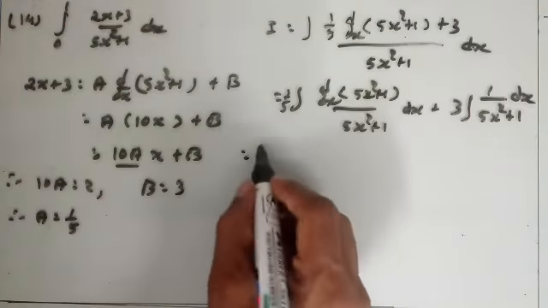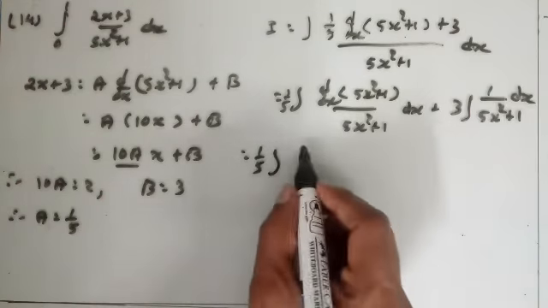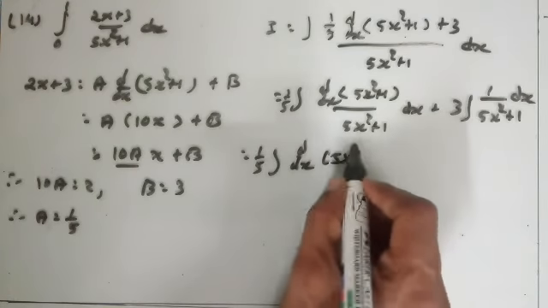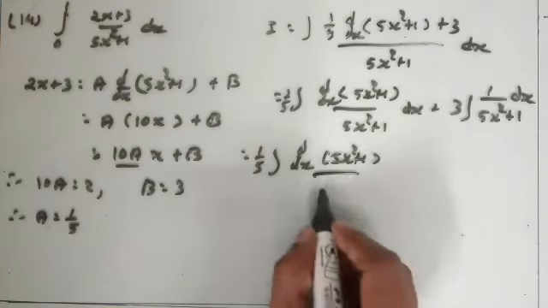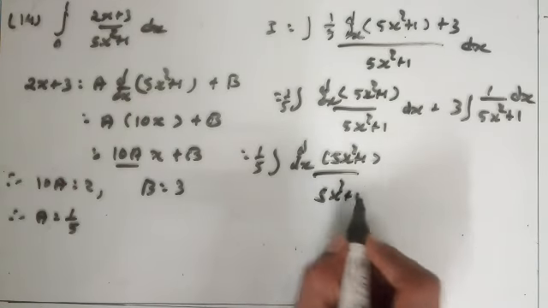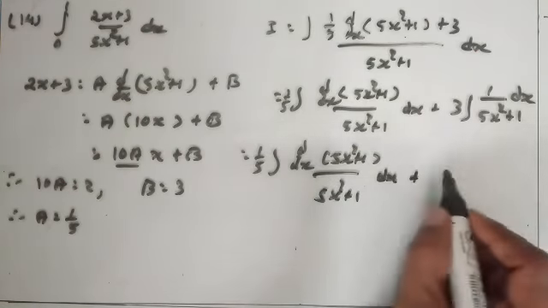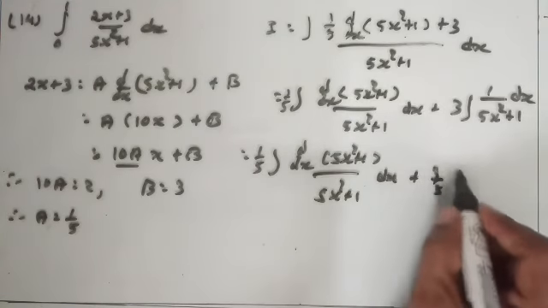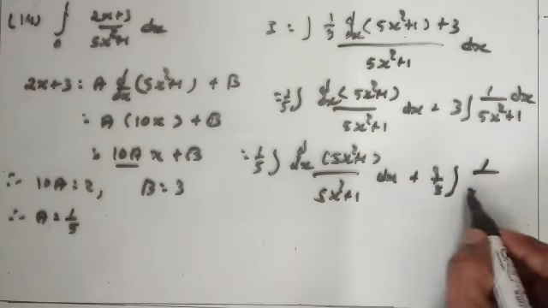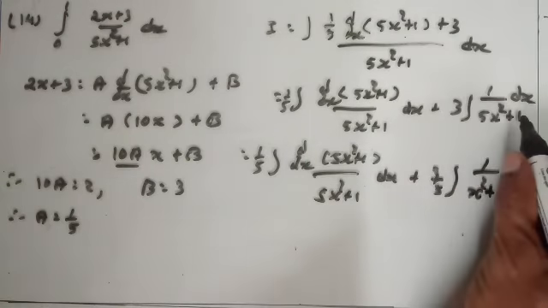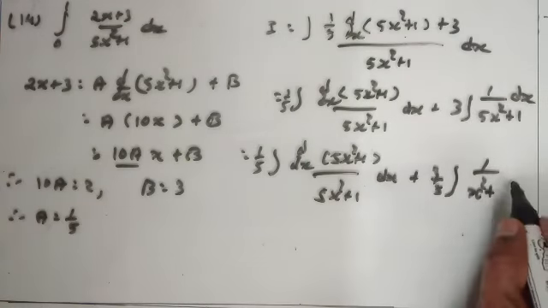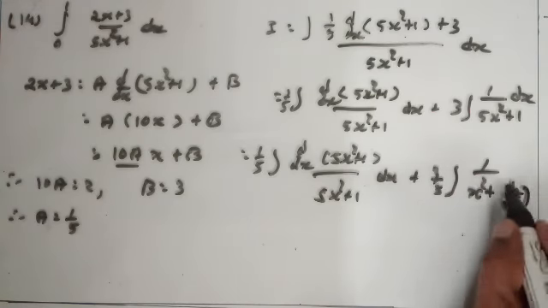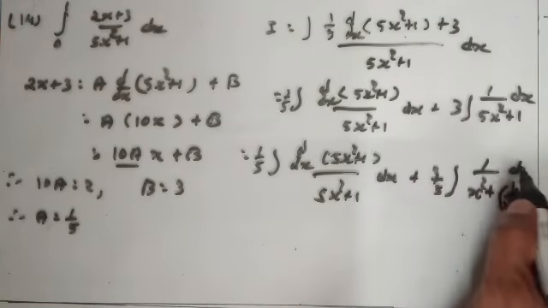So it is equal to 1 upon 5 integration of d/dx of (5x² + 1) upon (5x² + 1) dx, plus, from this here 5 take outside, so 3 upon 5 integration 1 upon x² + 1 upon 5, write in perfect square form, so 1 upon 5, root of this raised to 2, dx.